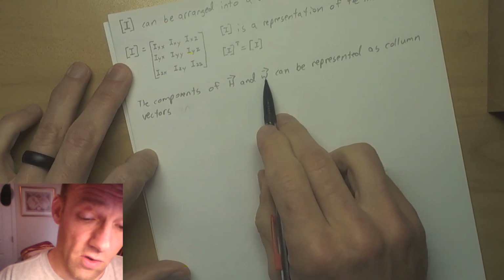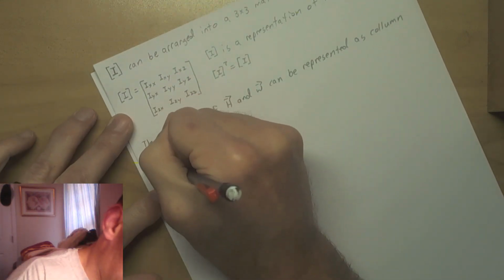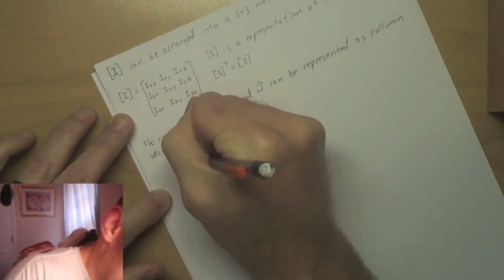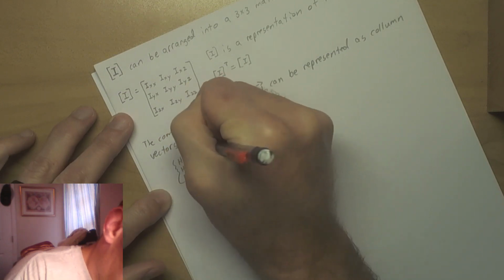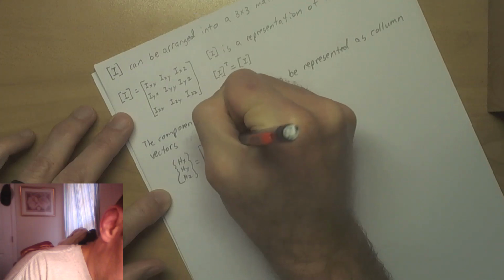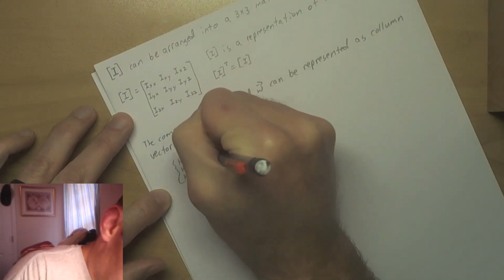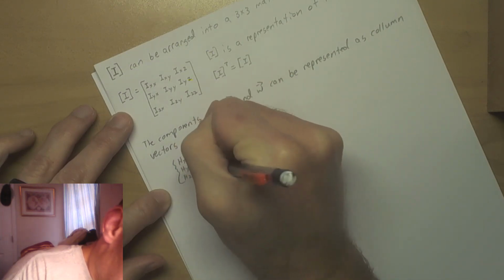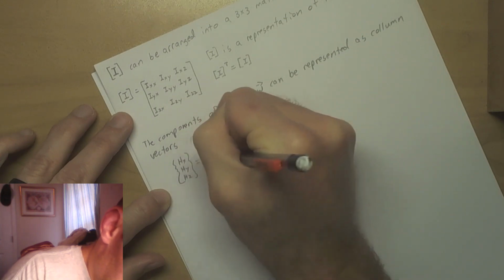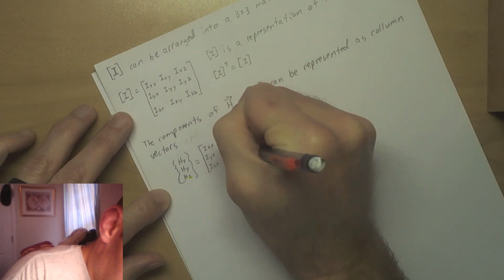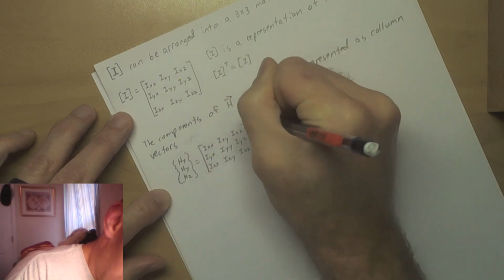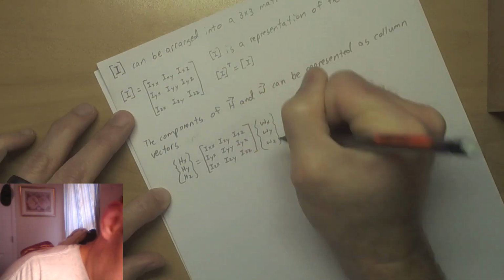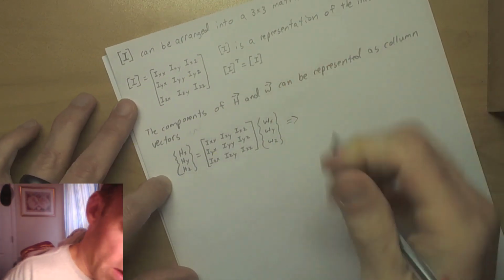When we represent H and omega as column vectors, we get this situation. And so we can write this simply as H equals I omega.